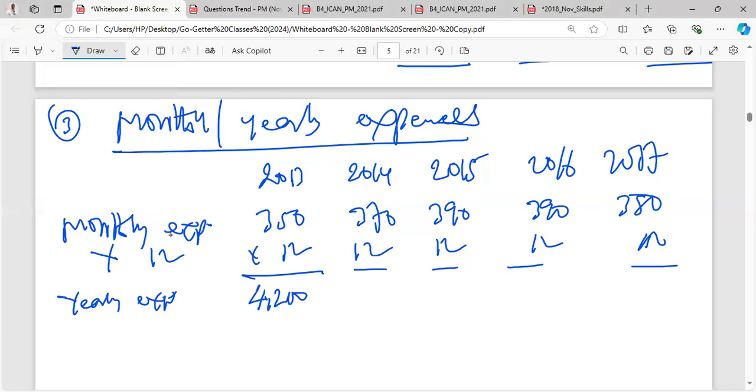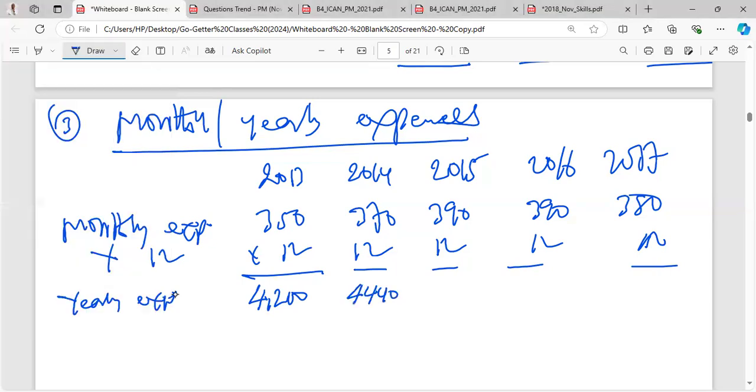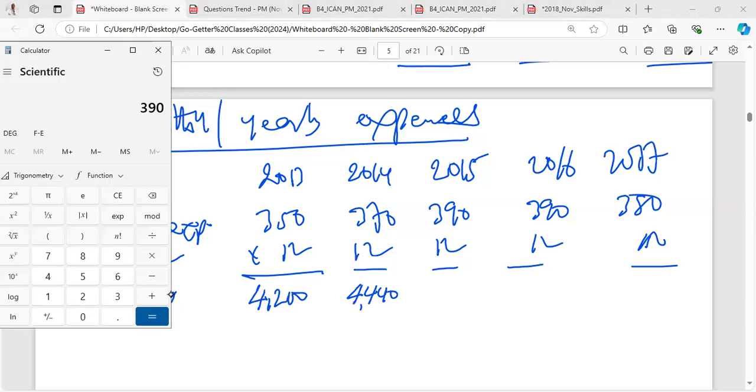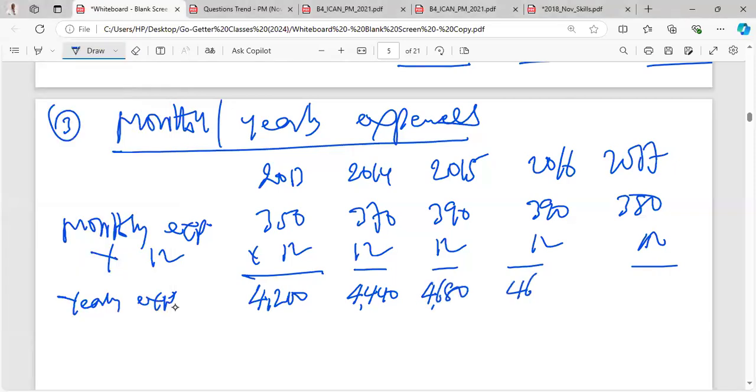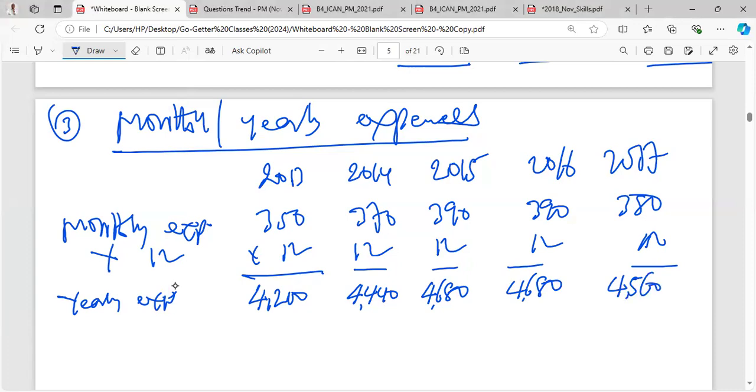Then we have 370 by 12, 4,440. 390 by 12, 4,680. Then we have 380 by 12, 4,560. And that's the yearly expense.